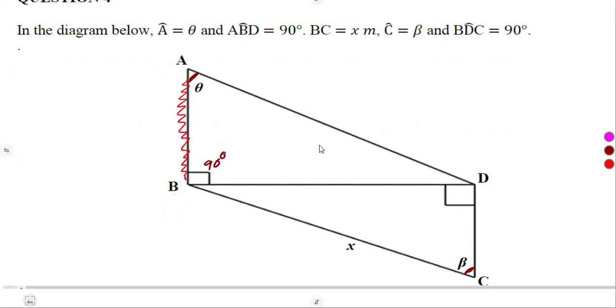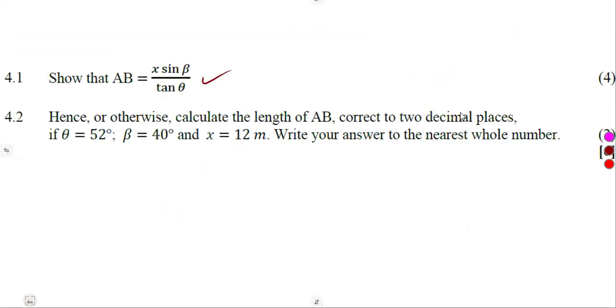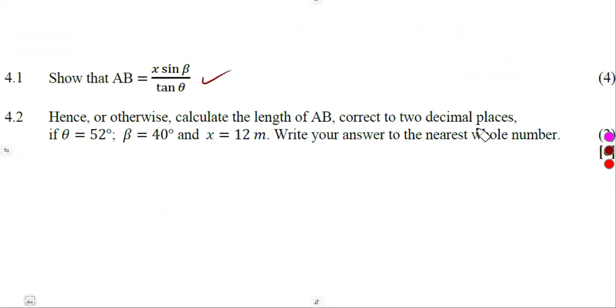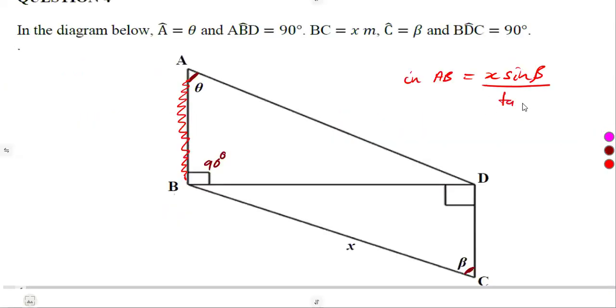All right. So as we can see, in AB that we are given, it carries X sine beta. Let me write it down. X sine of beta over the tan of theta. As we can see, it carries X and beta. X and beta are from this triangle. So there's no way, guys.